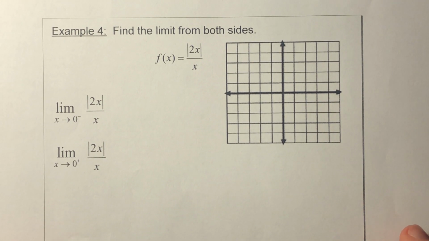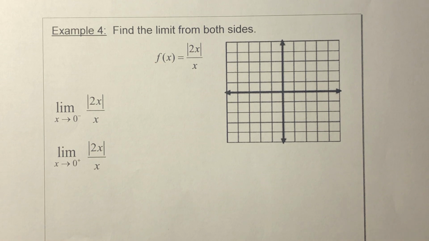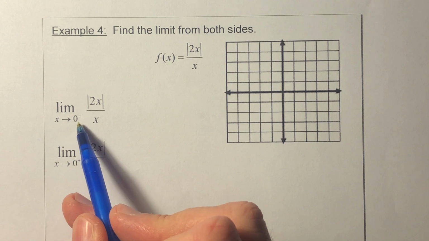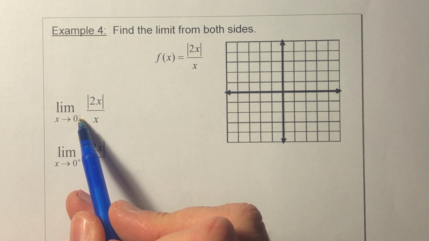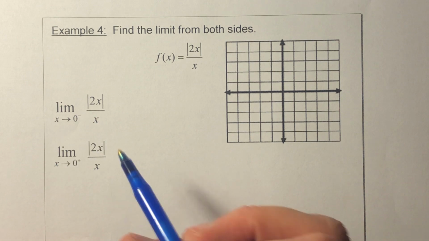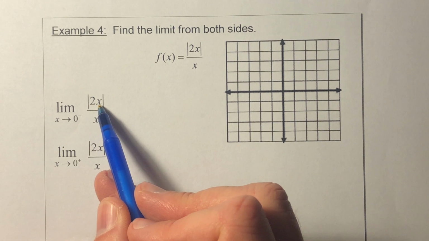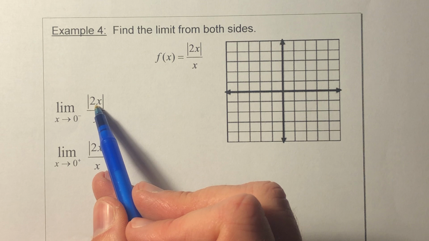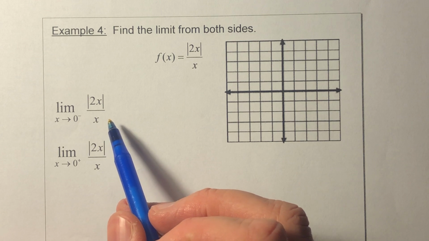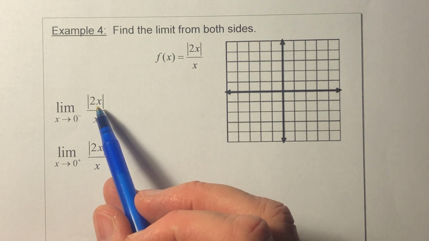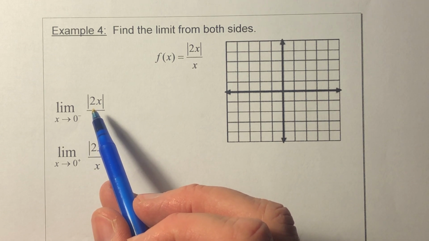All right? Okay. So let's find a limit from both sides here. All right, so we're still approaching 0, but we're coming from the left. So let's think about that. Let's try -1, for example. 2 times -1 is -2. The absolute value is +2. Divided by -2, you're going to get -2. I think I did that wrong here. Hold on.